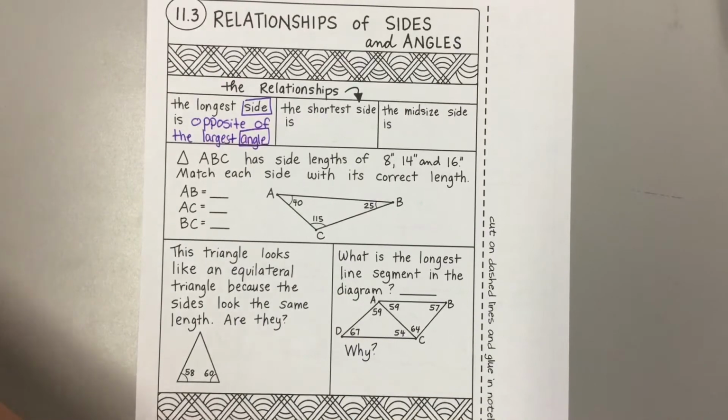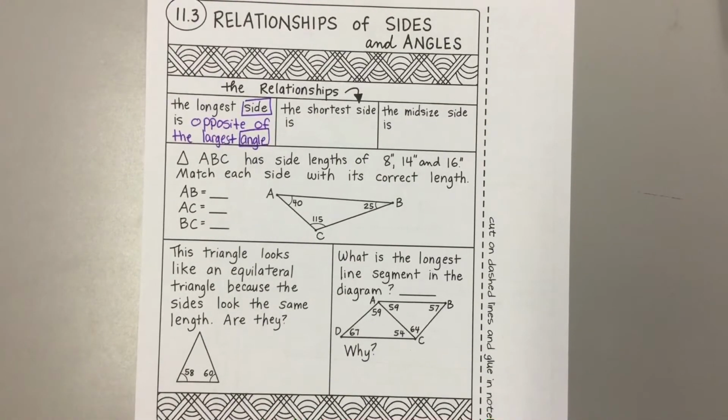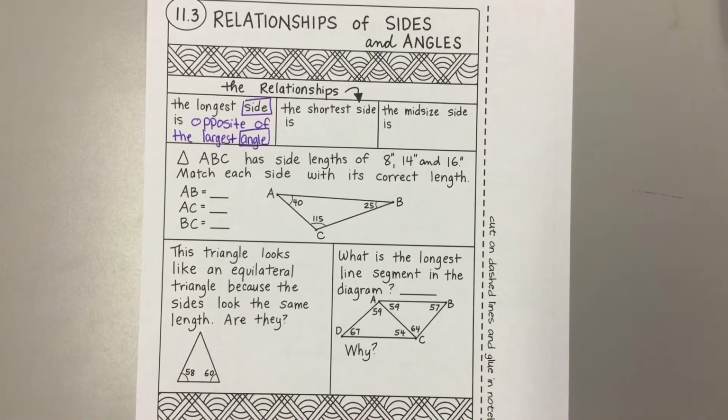That's the first part of this relationship. So if I find the longest side, that longest side is directly opposite of the largest angle.